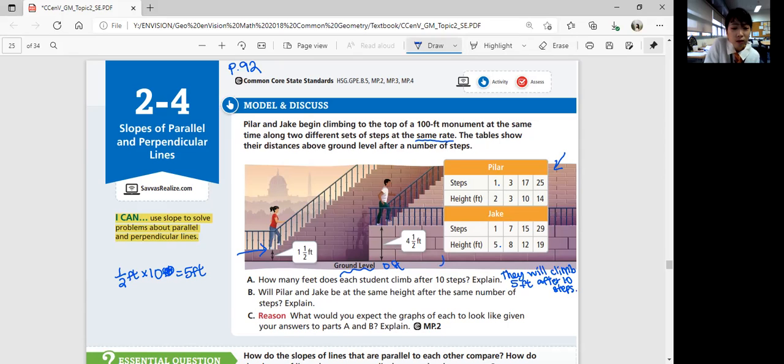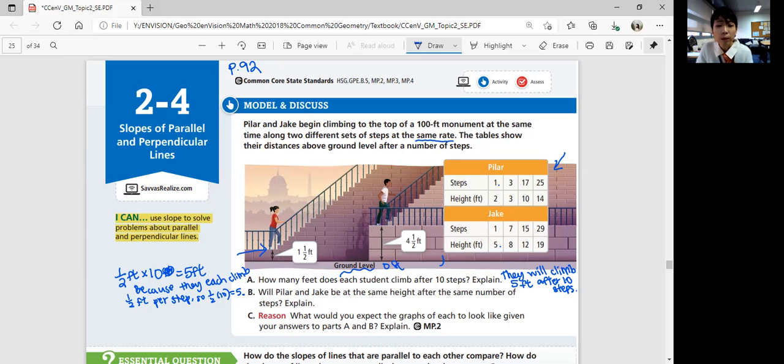Explain, because they each climb half a foot per step. So half times 10 is equal to 5.